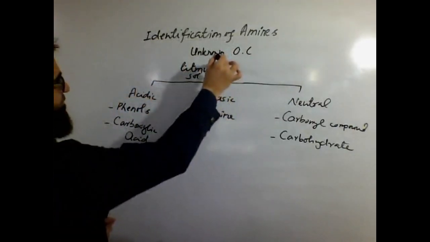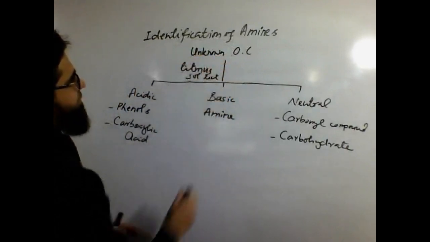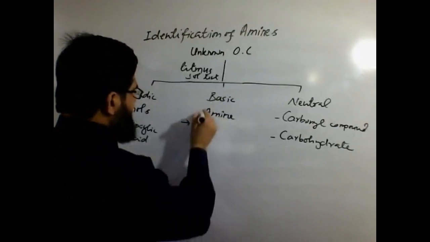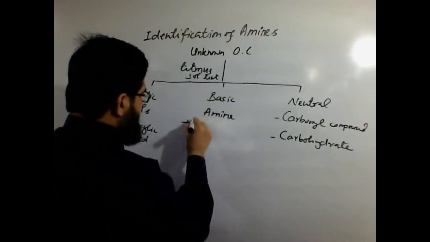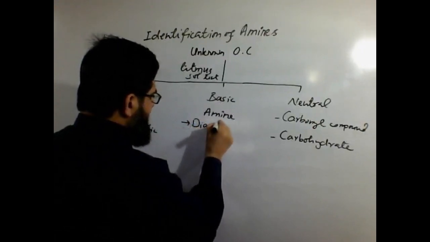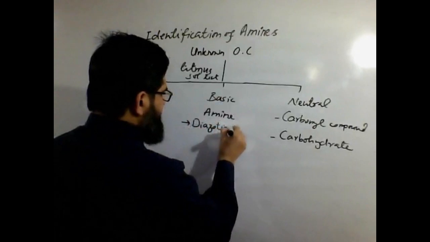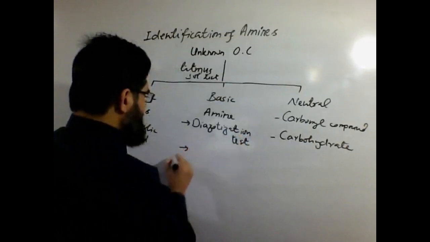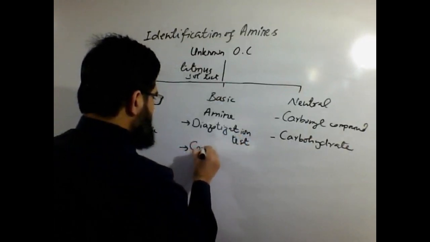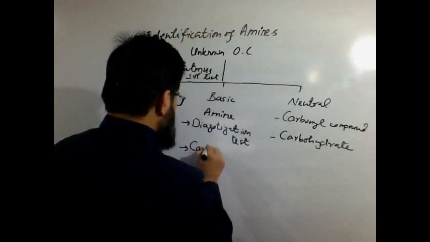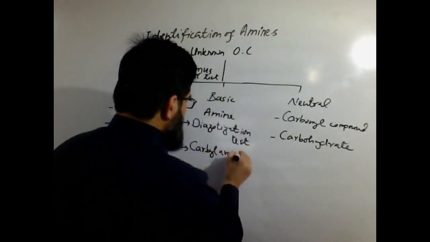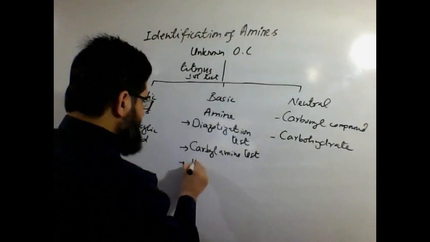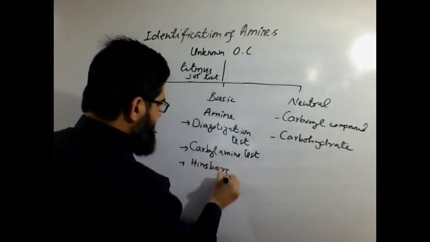Once you started off and the litmus solution confirmed the given compound as an amine, then we told you that the amines could be confirmed by the diazotization test, or by the carbylamine test, or the test number 3 could be the Hinsberg test.